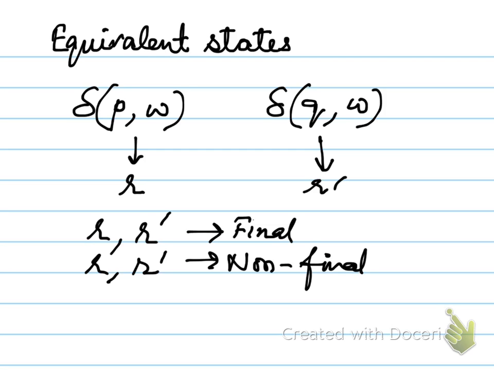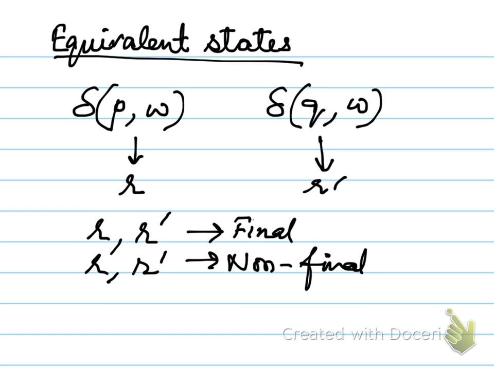So it cannot be that R is a final state and R dash is a non-final state. If these conditions are satisfied, then we say that P and Q are equivalent. And if the states are equivalent, then we can combine these states.